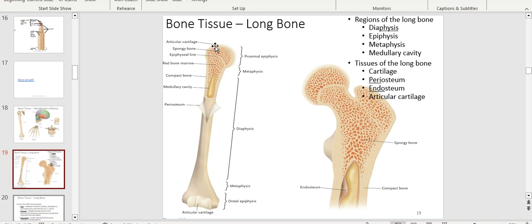Give your nose a squeeze, it's the same stuff. The periosteum is the outside covering of the bone, and the inside is what we call the endosteum. There's your spongy bone, and your compact bone, as we said earlier, tends to be on the outside.